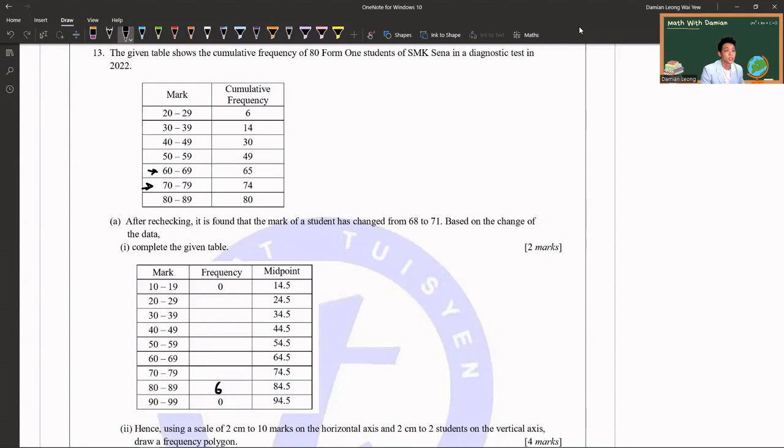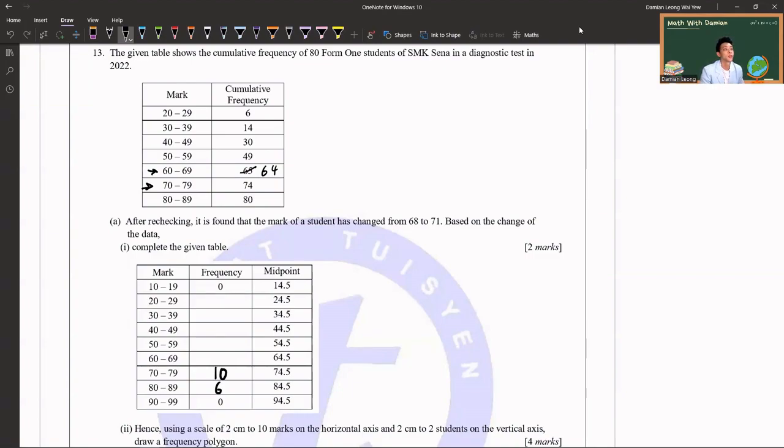Initially, it would be a difference of 9 here, but because of the frequency change, one shifted here. So this becomes 10 instead of 9. This will decrease by 1, 64.